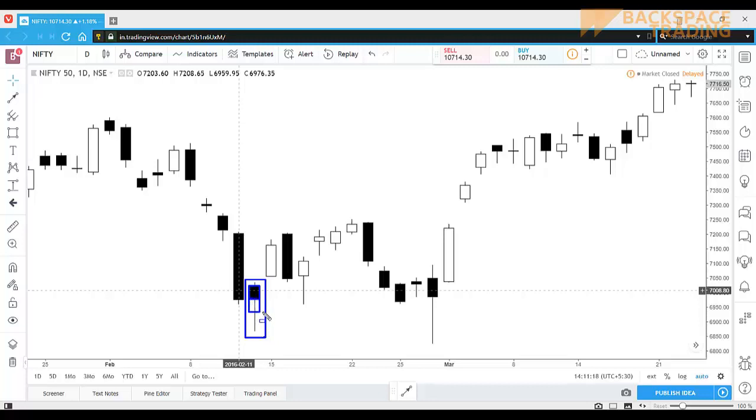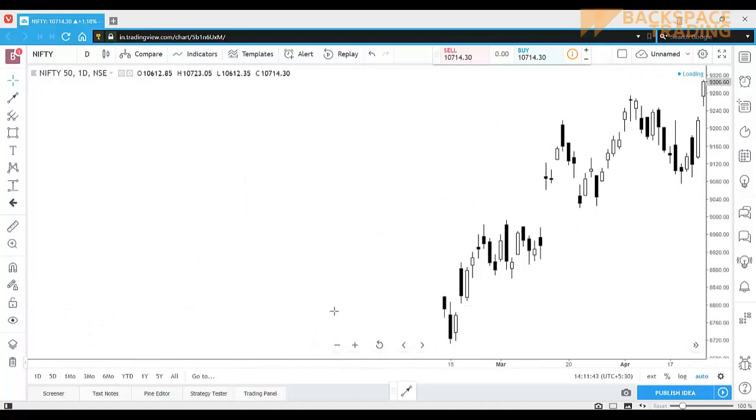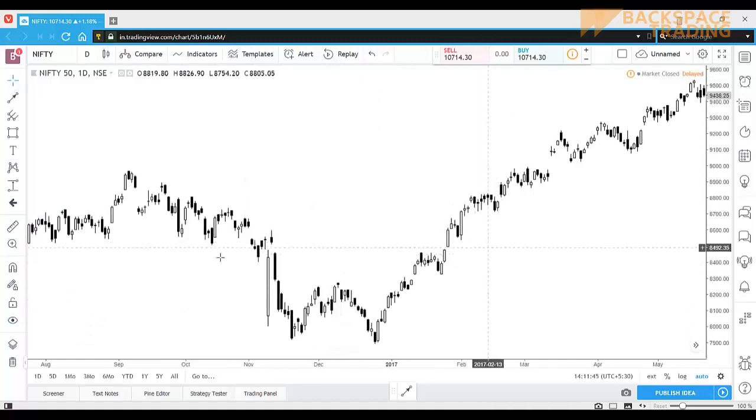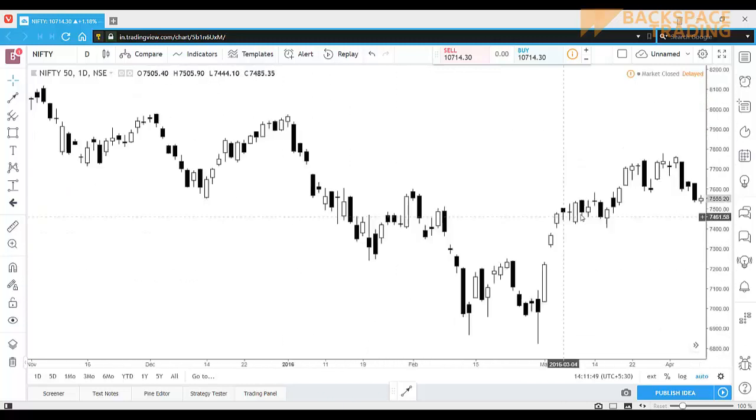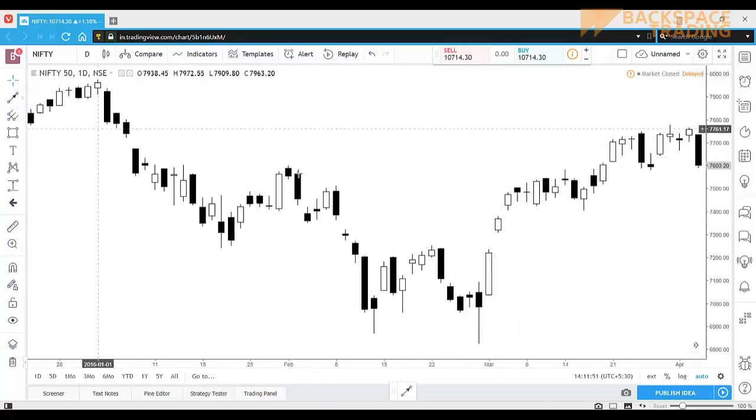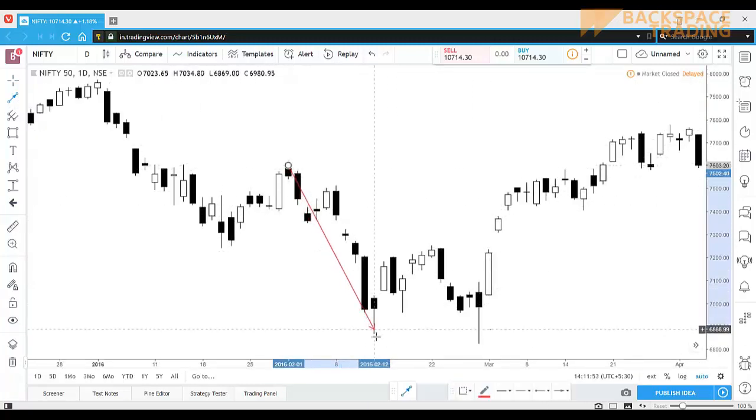Is it twice? Don't you think the wick is twice the body length, right? And the trend is coming down.